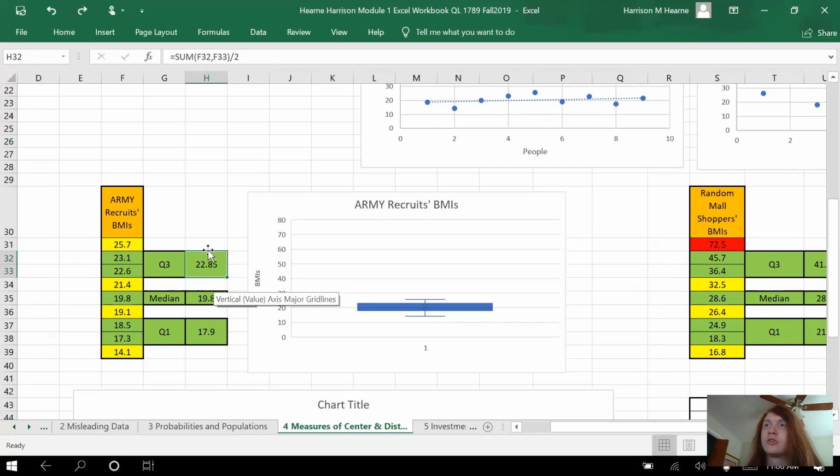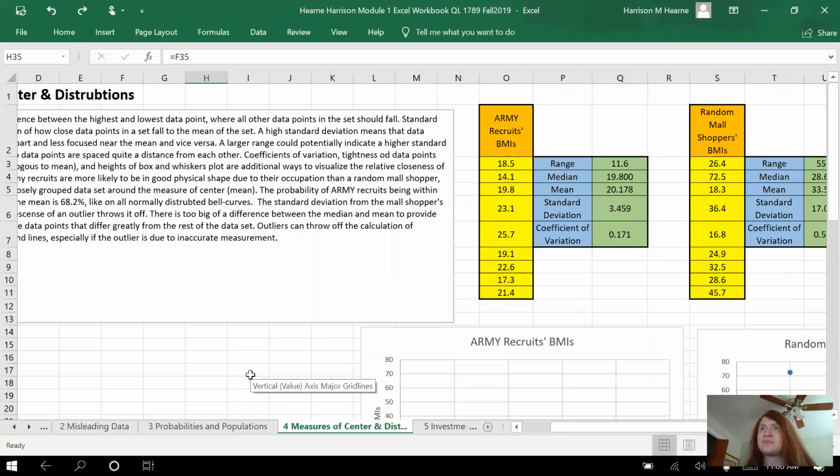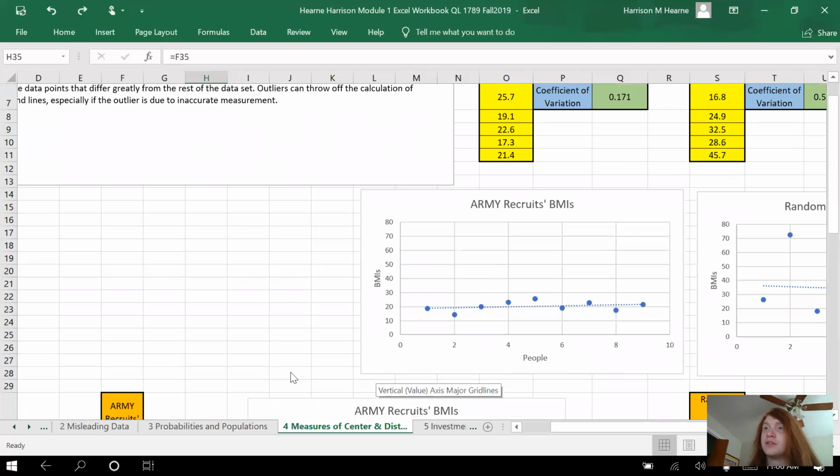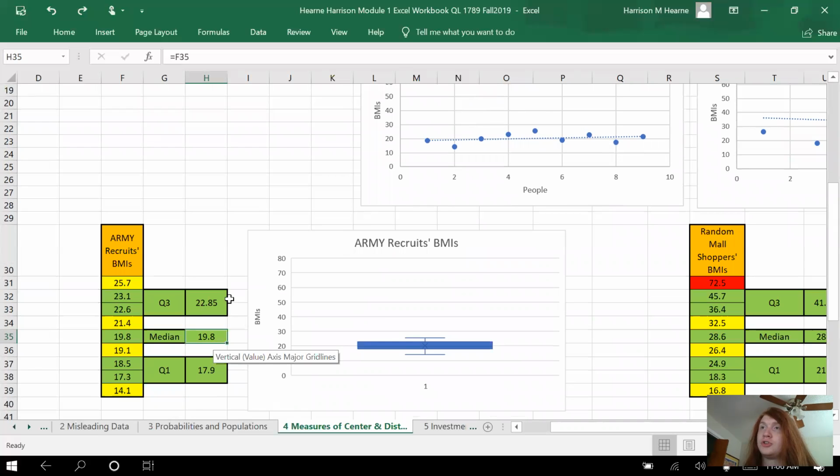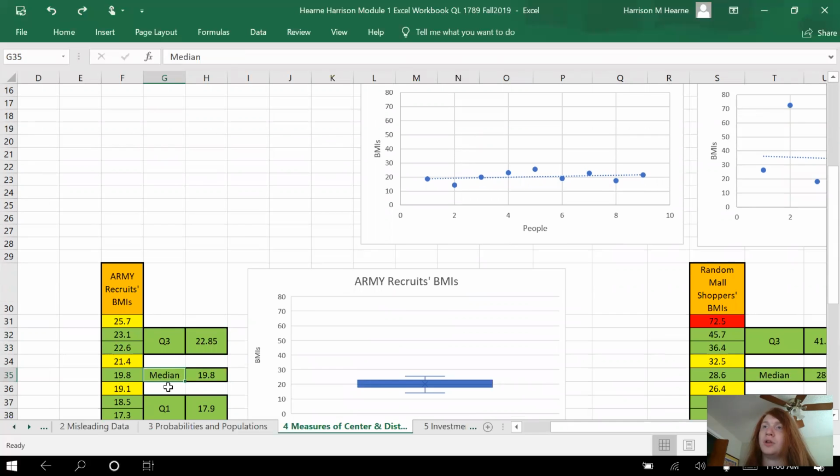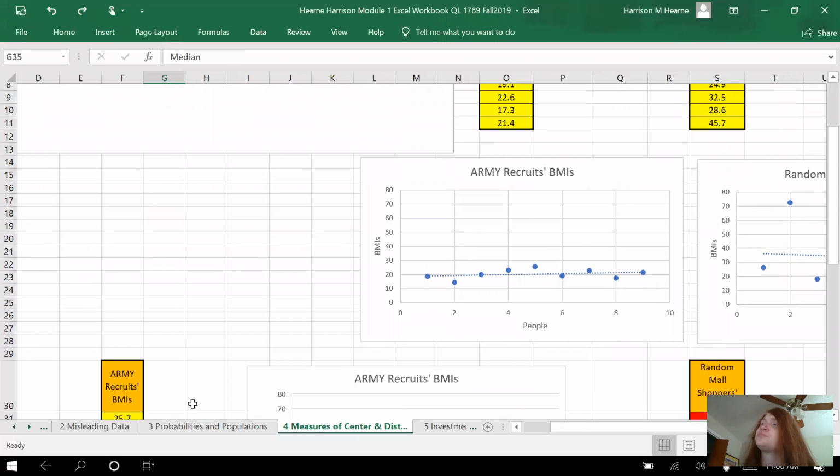This number here should be roughly the median plus 1 standard deviation. If it is a normally distributed set of data, then the Q3 and Q1 should be within 1 standard deviation of the median, which is the Q2. But it's more commonly referred to as a median.